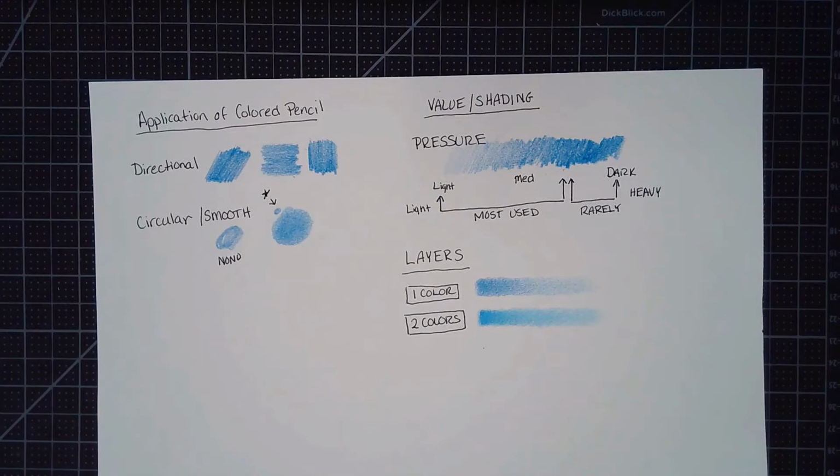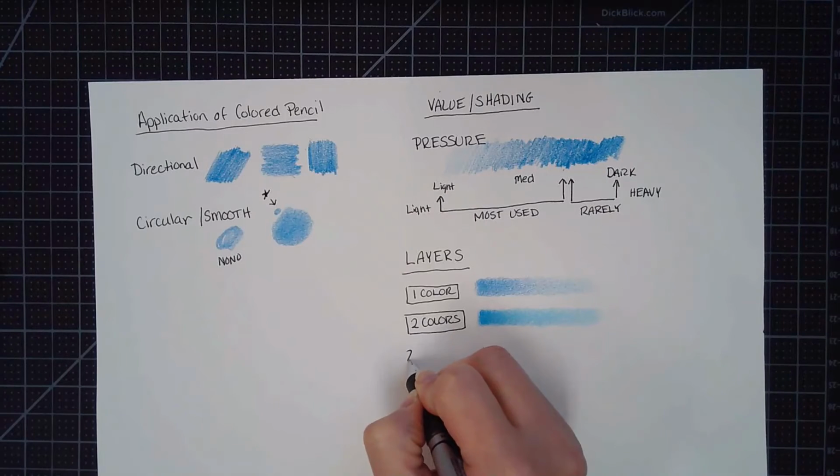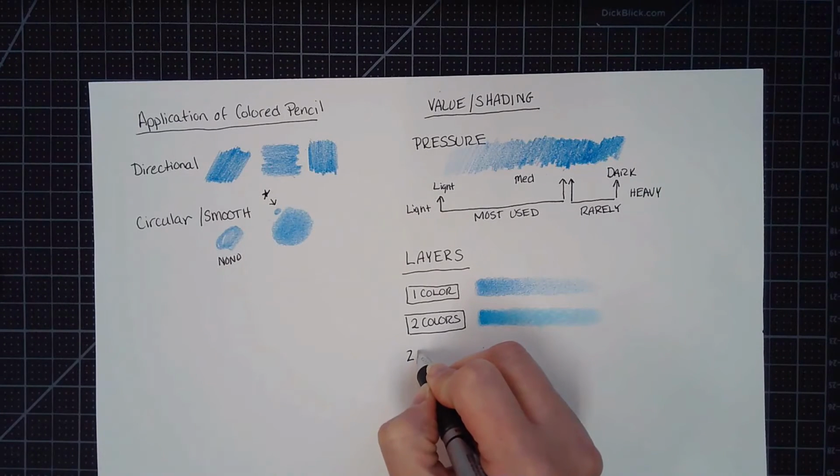Another way we can layer pencils is again using two colors, but sometimes you can use three, and I'll explain here in a minute. So I'm going to put 2 or 3 colors.